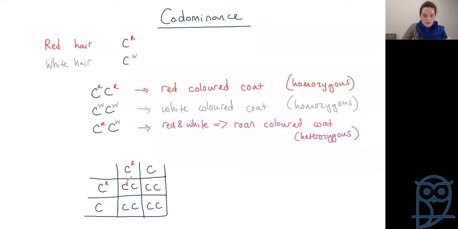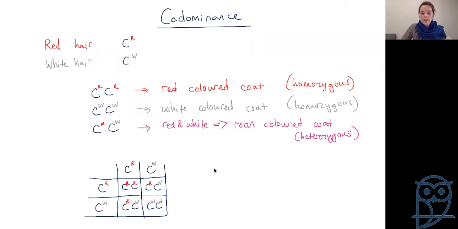So here we would have the R from the top, the R from the top, the R from the side, the R from the side. Okay, now the white allele. Then we bring it along the bottom and down from the top. And now you see we've got something a little bit different to last time.